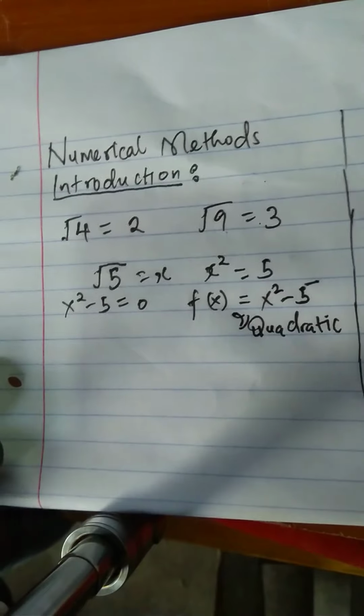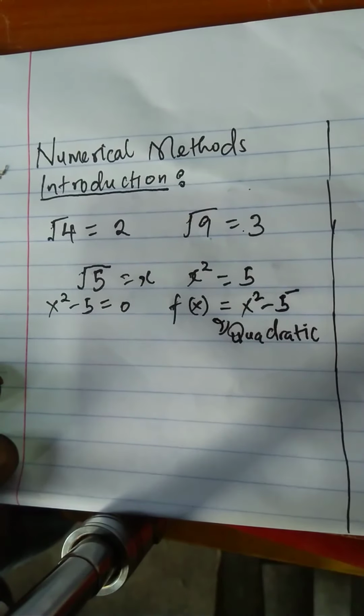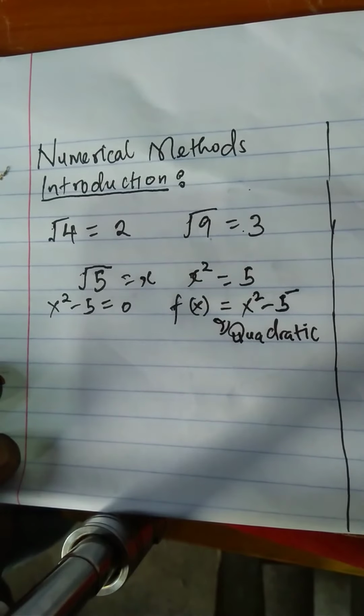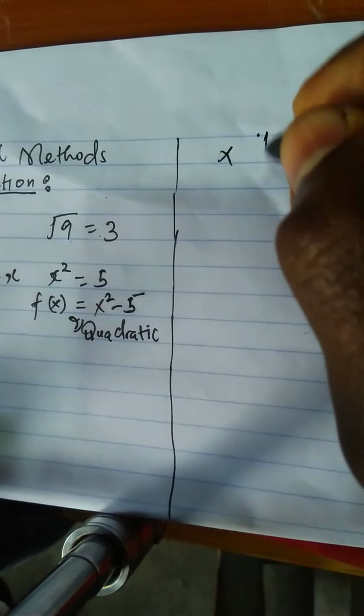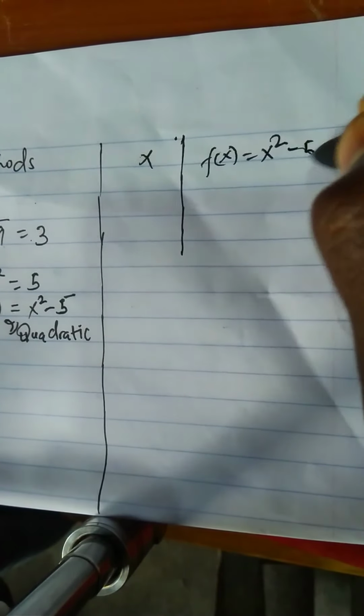If we go ahead and trace our polynomial by using a table of function, x to f(x) equals x squared minus 5.